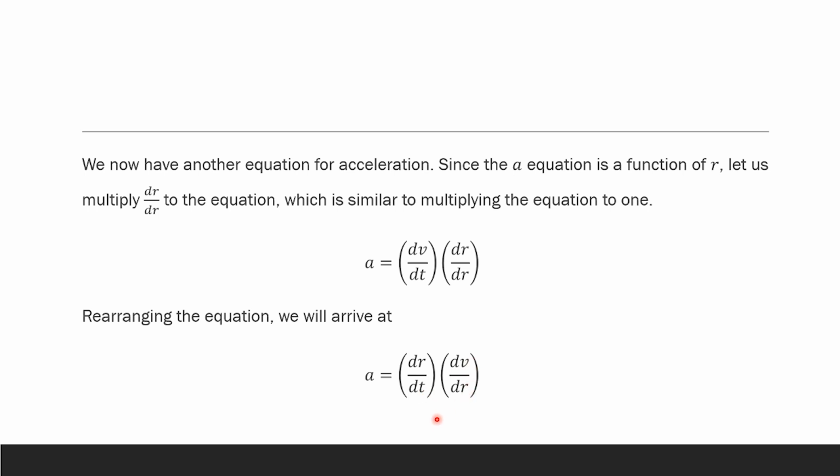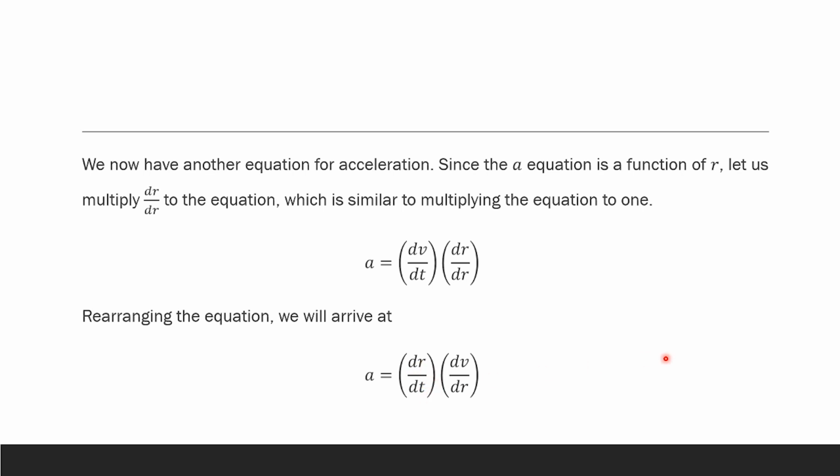Now, hindi ba familiar tong dr over dt? Ito daw ay derivative, to be specific, ng r, ang r natin is distance, over dt, ang t natin as time. So, ano ba yung unit or parameter na distance over time? So, that is velocity.